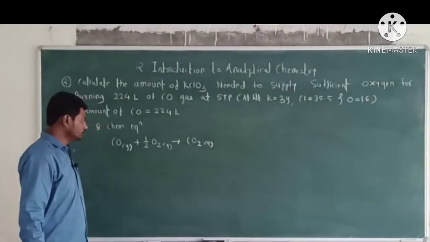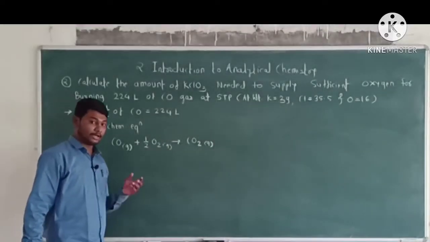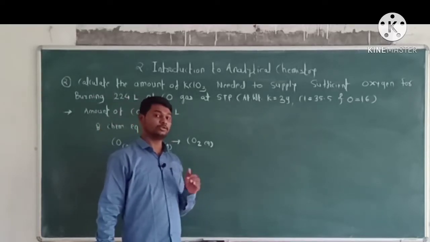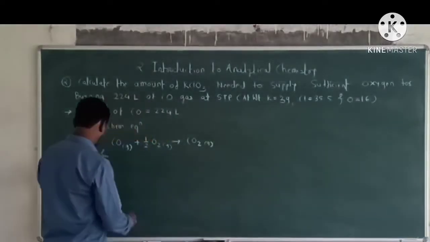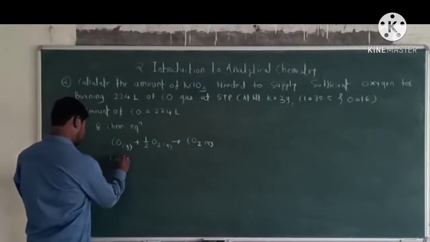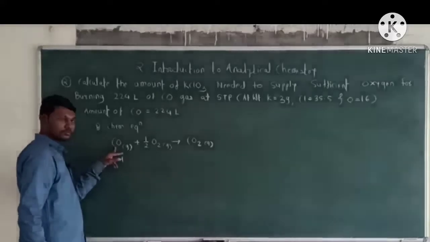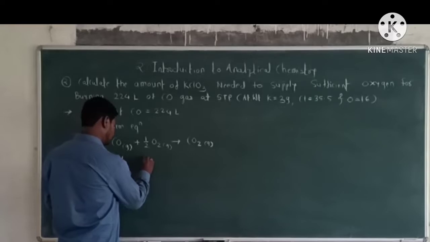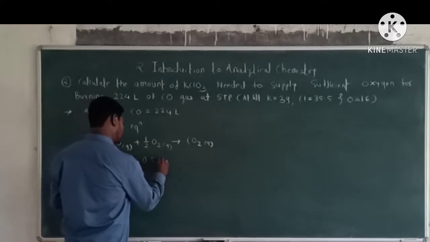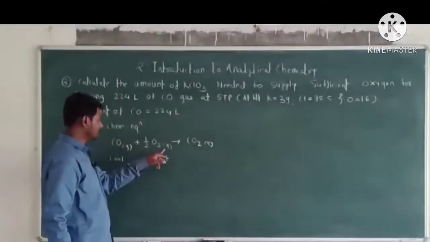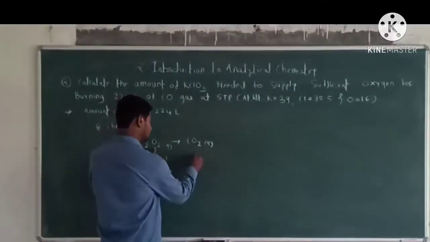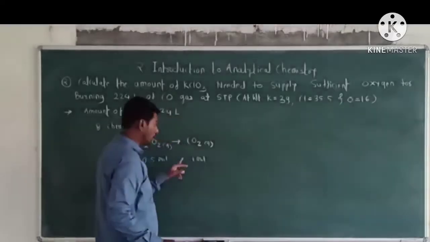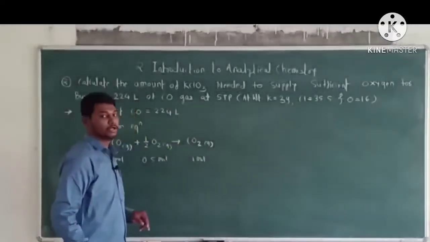Okay, now the second step is to write down the number of moles of reactant and product below their formulae. Here, 1 mole of gaseous carbon monoxide reacts with 0.5 mole of gaseous oxygen to give 1 mole of gaseous carbon dioxide.